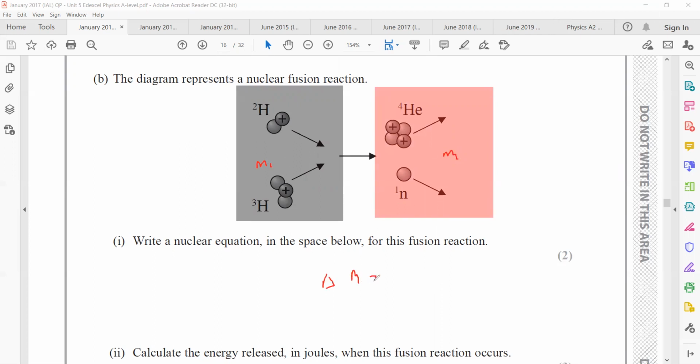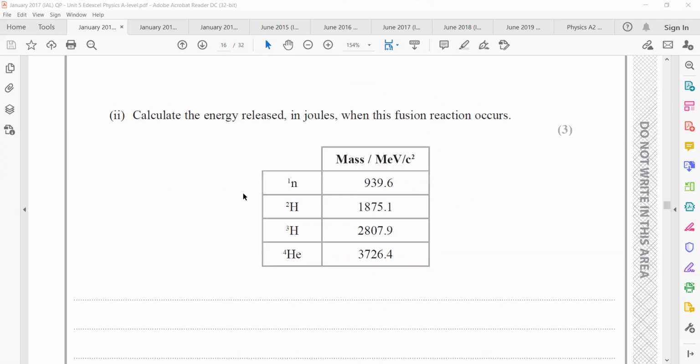Using the mass defect, we can work out how much energy will be released. The advantage is that the mass is given in mega electron volt per c square, so we don't have to convert, because this is the energy produced if a neutron with a specific mass is converted into energy.